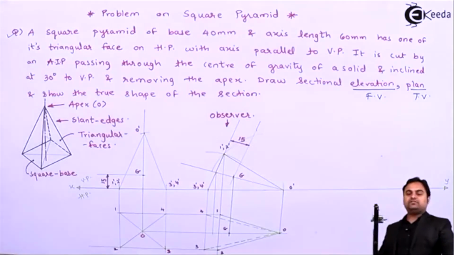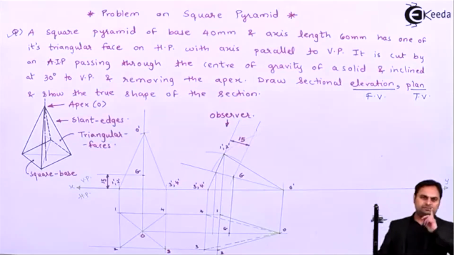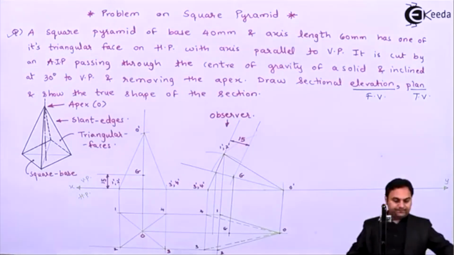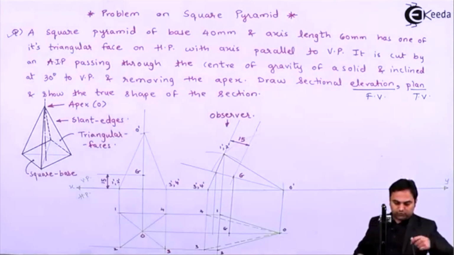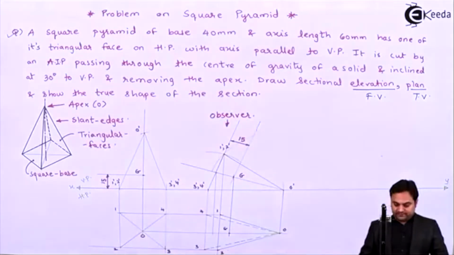Cutting plane will be passed depending on which part is to be retained and which is to be removed. So now the cutting plane is inclined at 30 degree to VP and it is given that removing the apex.